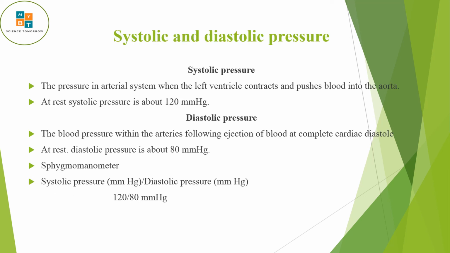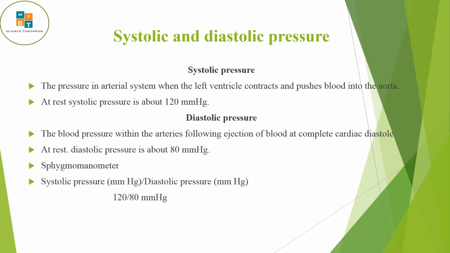When we talk about blood pressure, we are talking about two pressures, systolic and diastolic. Systolic pressure is the pressure coming from the left ventricle. When the left ventricle contracts, blood is pushed through the aorta. At that moment, the pressure is exerted at the aorta.